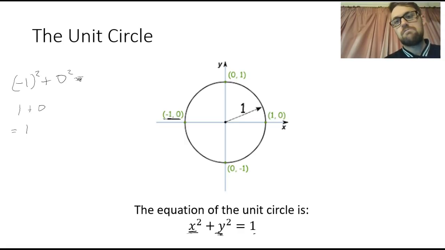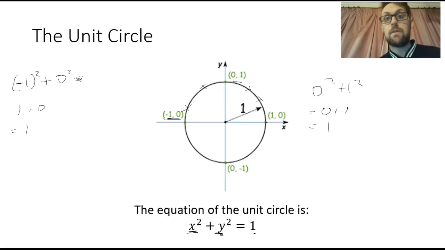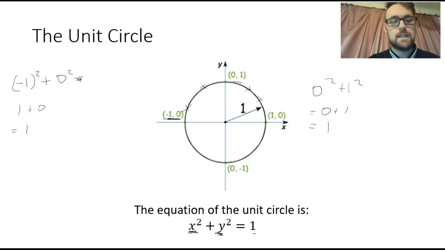If I put in this point here, 0 squared plus 1 squared equals 0 plus 1 equals 1 again. And this is going to happen for all of these points that I've shown and every single point in between. And we'll have a look at what those points are and how we work those out in a moment.